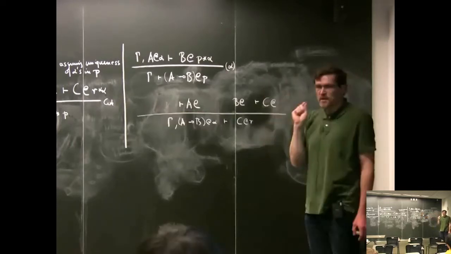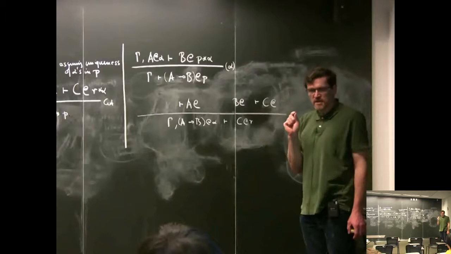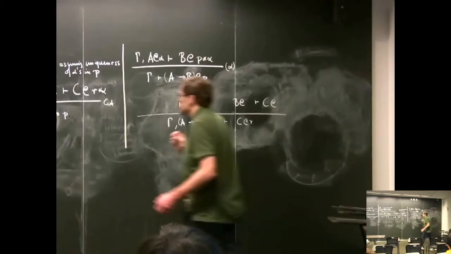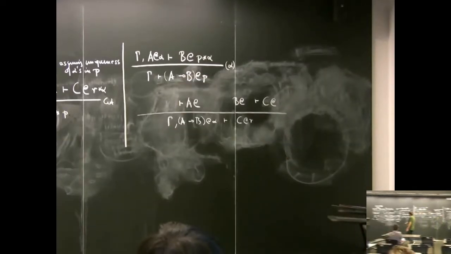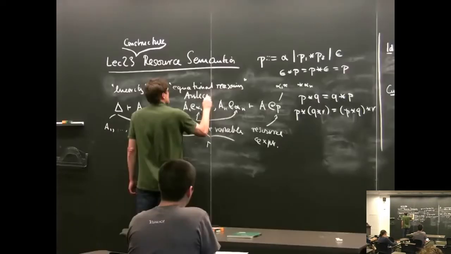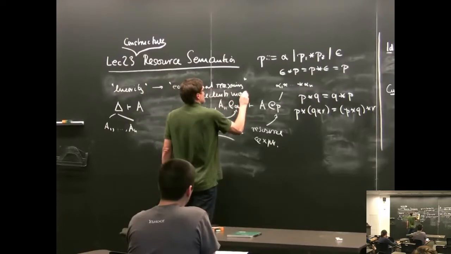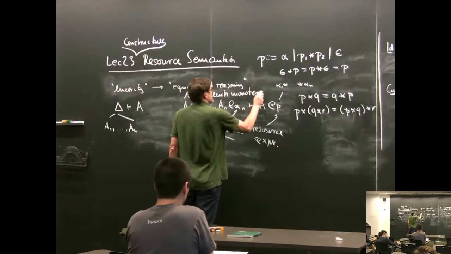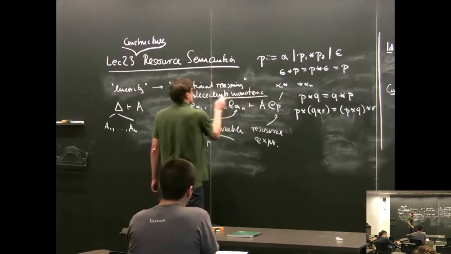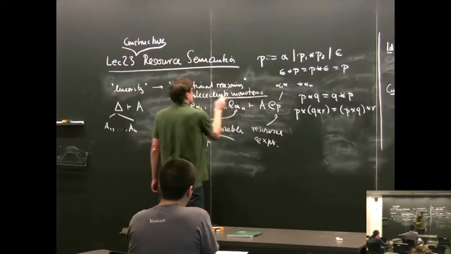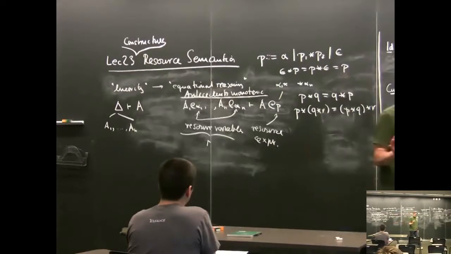So I want the assumptions to be monotonic. This is a very important thing. Over in this system, once you have an assumption, you never eliminate it. The complete opposite of linearity.